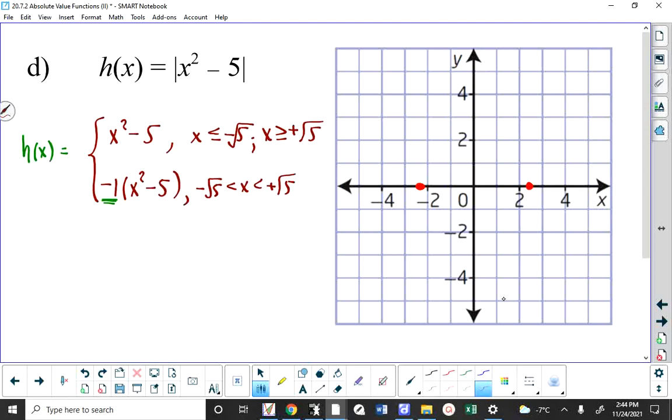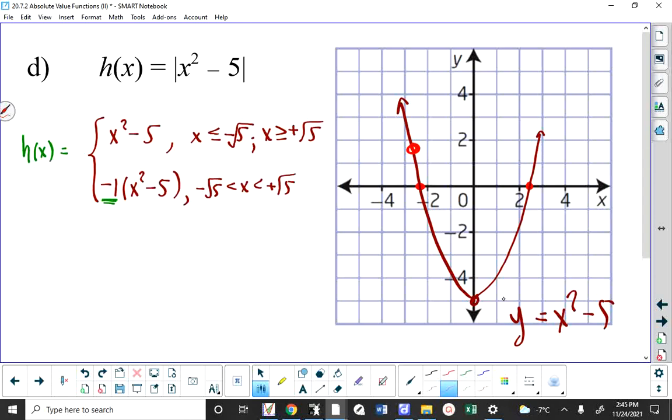Again, this is tricky. I want to go slow here. If I were to sketch y equals x squared minus 5, it would look like this. Don't draw this. X squared minus 5 would look like this. Is the absolute value of this graph needed, say, here? No, because y is already positive.